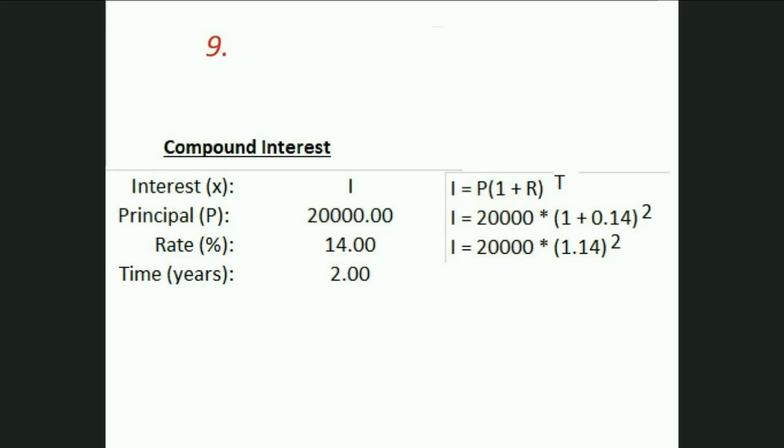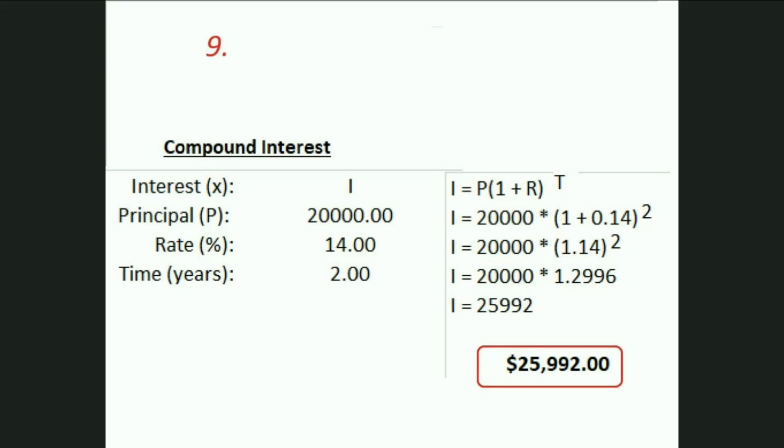All right, I equals 20,000 times 1.14 raised to the second. I equals 20,000 times 1.2996, and our final number is our interest is going to be $25,992. All right, going on to the next question.